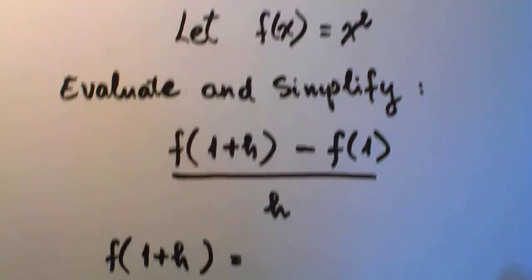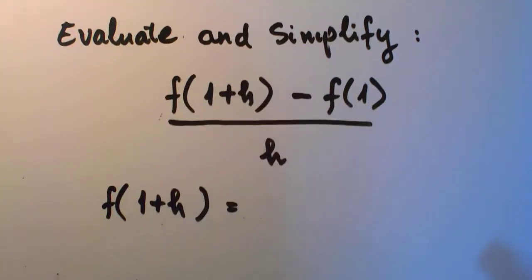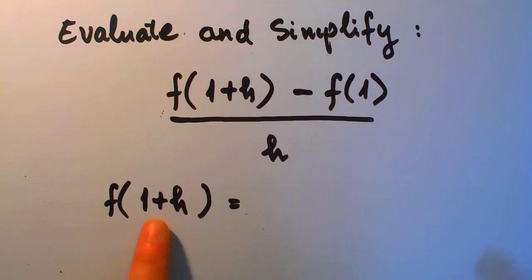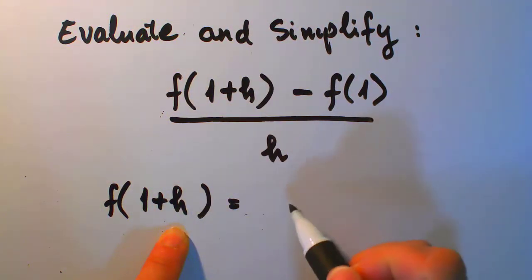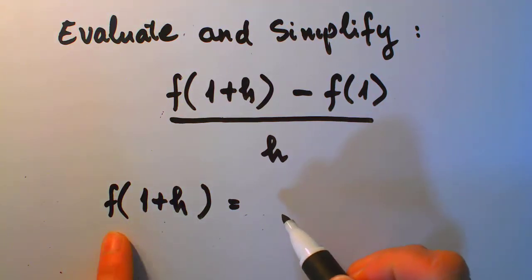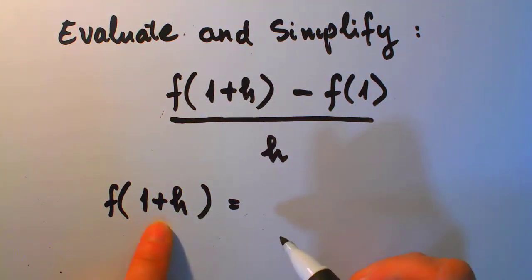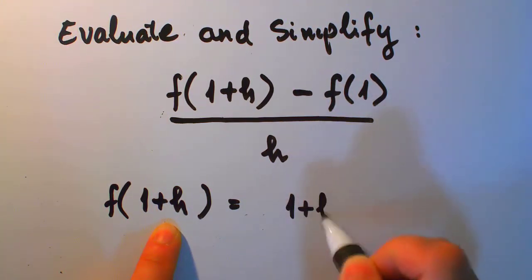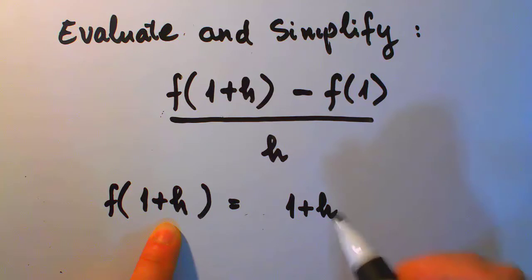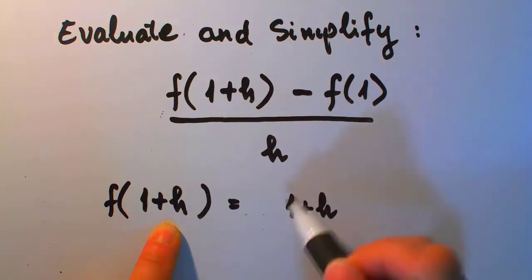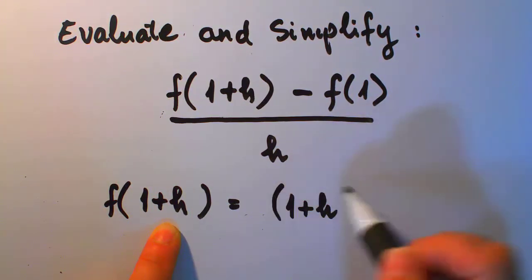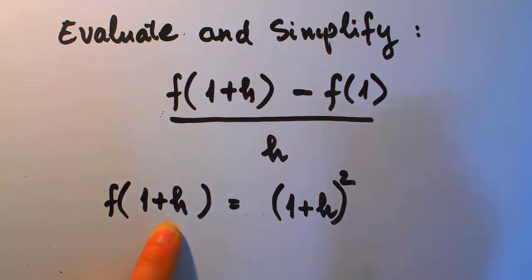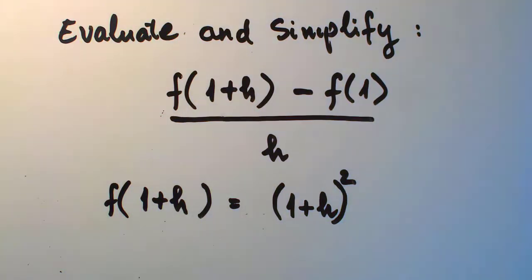The same thing we're doing here, but now the input is no longer one simple x. We are given the input 1 plus h. The function takes the entire expression as one input, and I am going to square that.